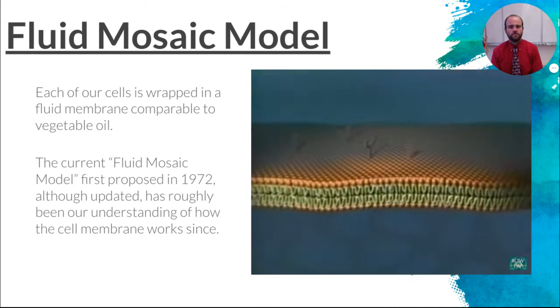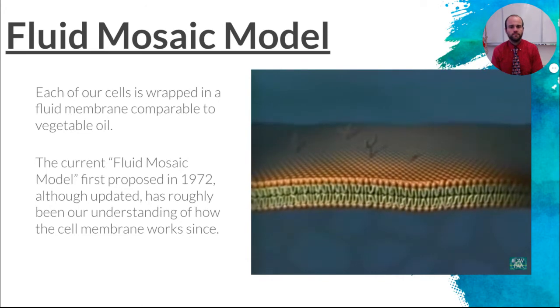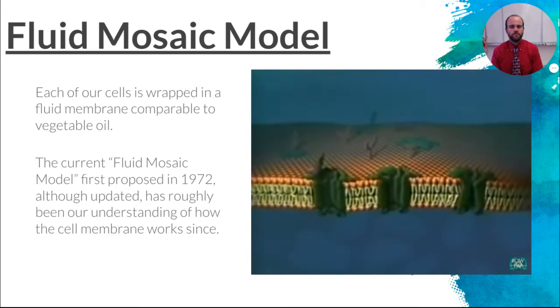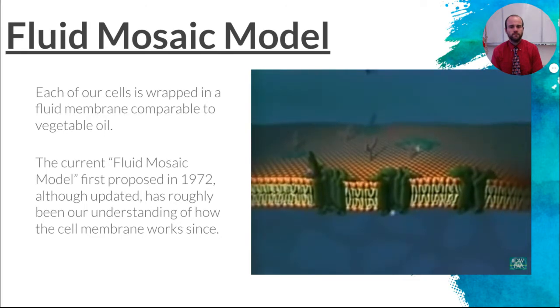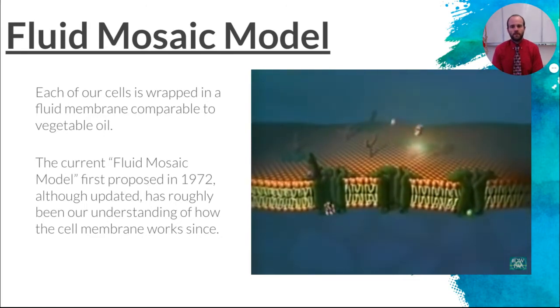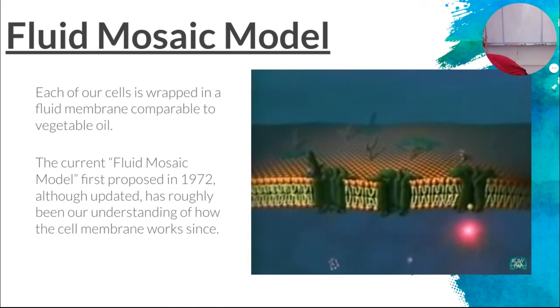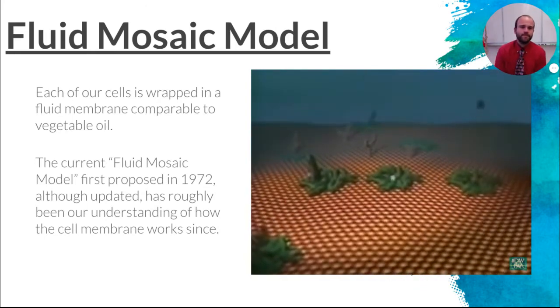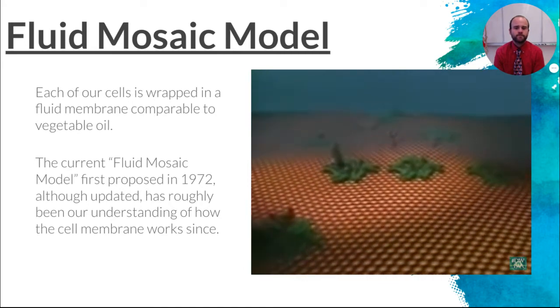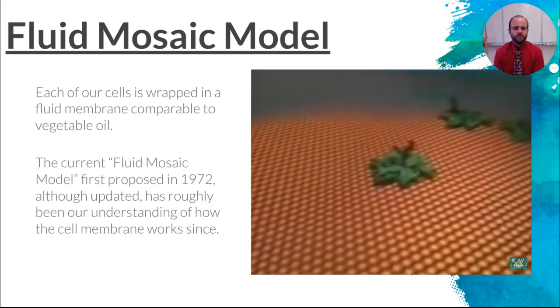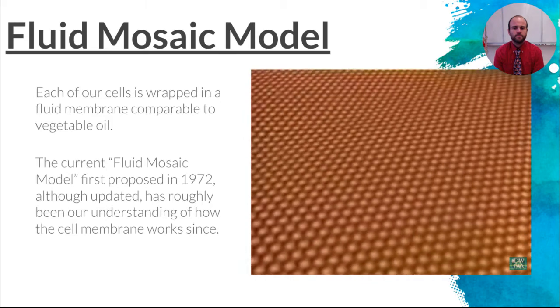Within these lipid molecules, we also find different proteins which do various things for the cell. For instance, they receive signals from the world outside, or they transport nutrients in waste. So nature composes the membrane with a combination or mosaic of different lipids, carbohydrates, and proteins.